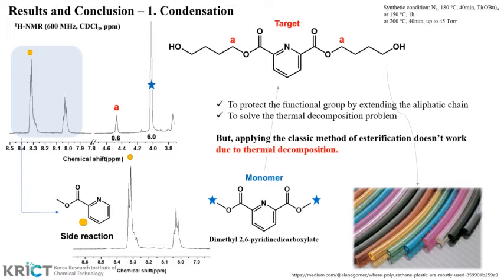It means only one functional group was decomposed during synthesizing. It is almost similar to FTIR results. Therefore, the esterification reaction of dimethyl DPA and 1,4-BD is not an appropriate method. On the next slide, I will show you the new method of utilizing DPA.